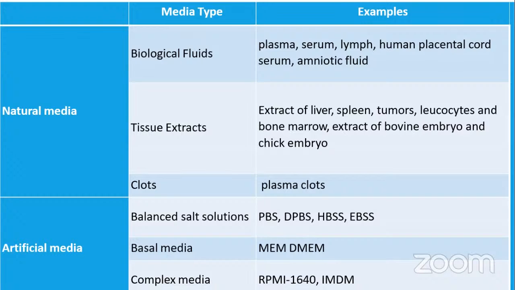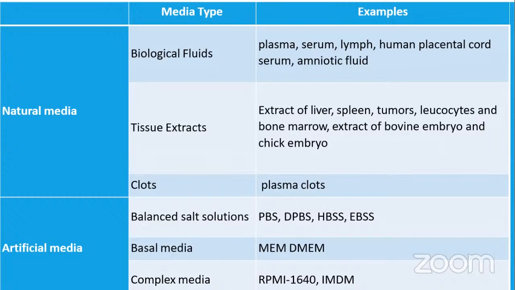Then clots, plasma clots. Yesterday, whatever experiments we studied, all of them used plasma clots. So even that you can use as a natural medium. And artificial medium is artificially prepared. We get the powders mostly, which we can mix to prepare the media, like balanced salt solutions: PBS, phosphate buffered saline, DPBS, HBSS, EBSS.